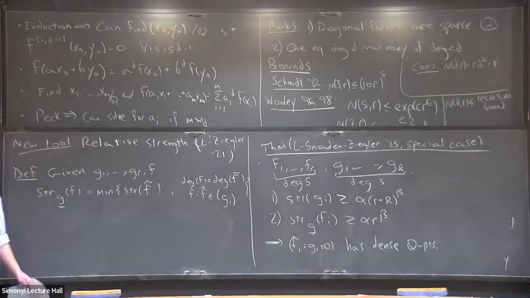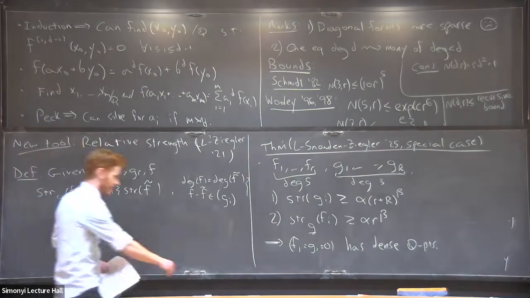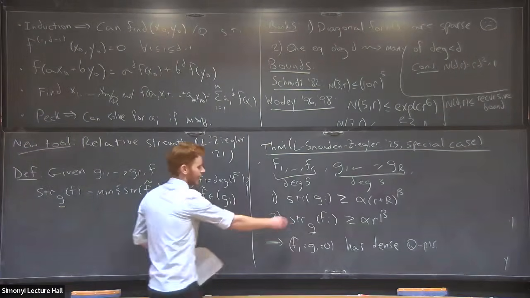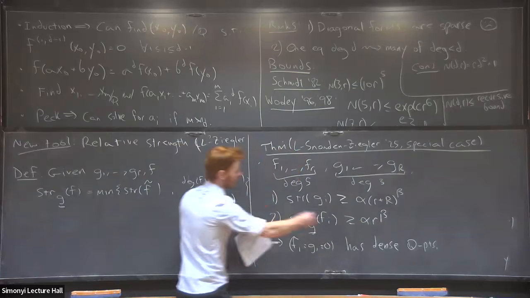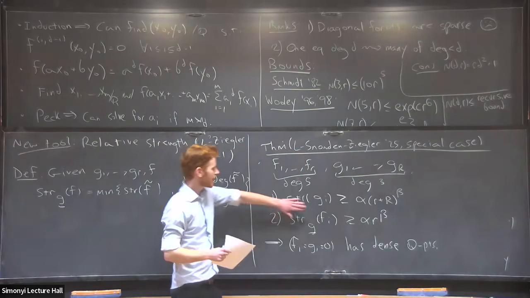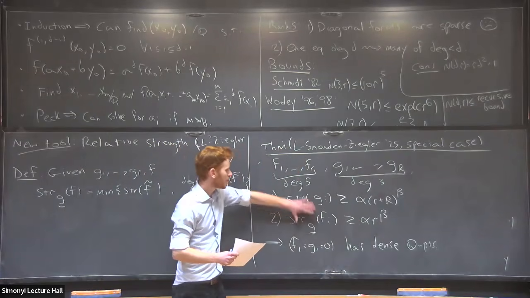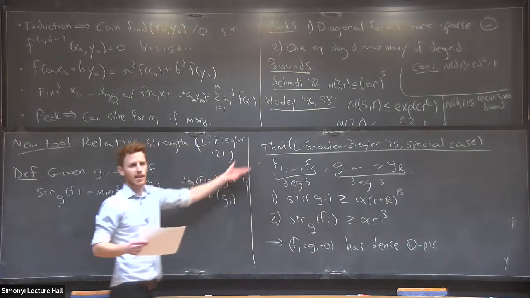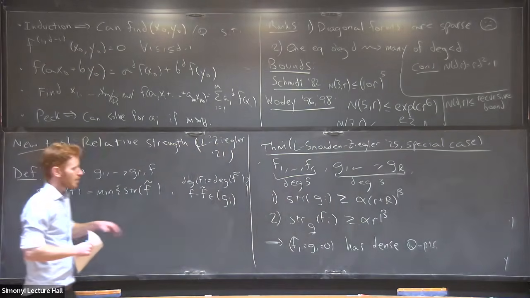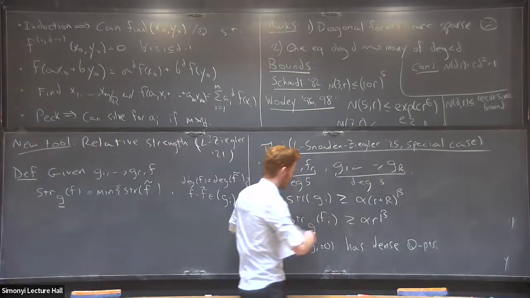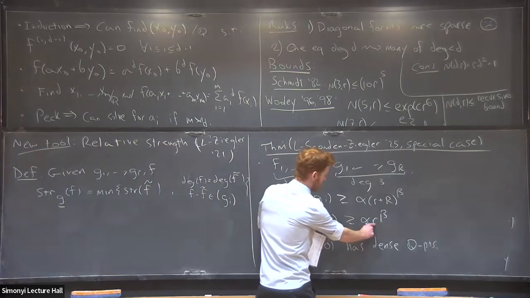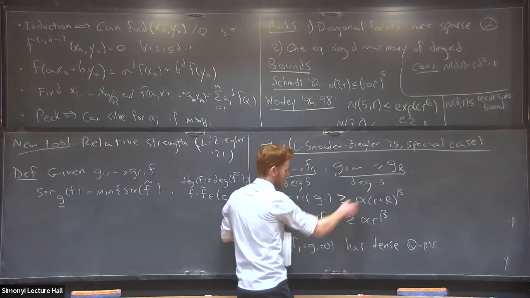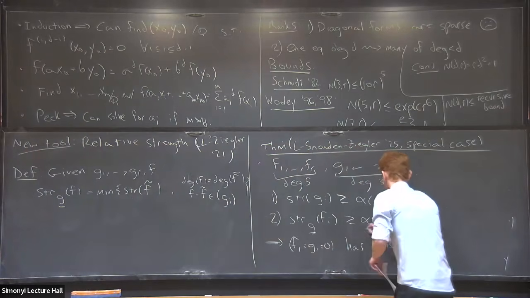The key thing in this theorem is that if you take away the second condition, it just looks identical to Schmidt's theorem. But the key is that in the second condition, this threshold is independent of big R, of how many cubics there are.